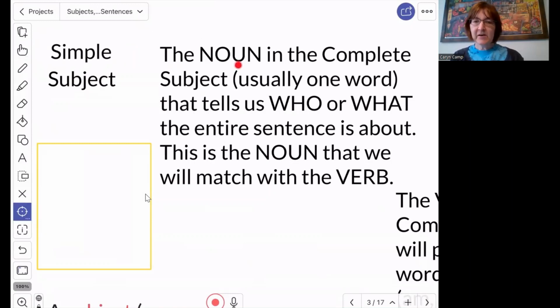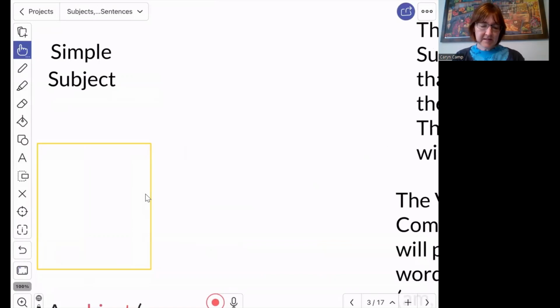This is the noun in the complete subject. It's usually just one word that tells us who or what the entire sentence is about. This is the noun that we will match with the verb. These are just definitions. We are going to look at some examples in a minute.